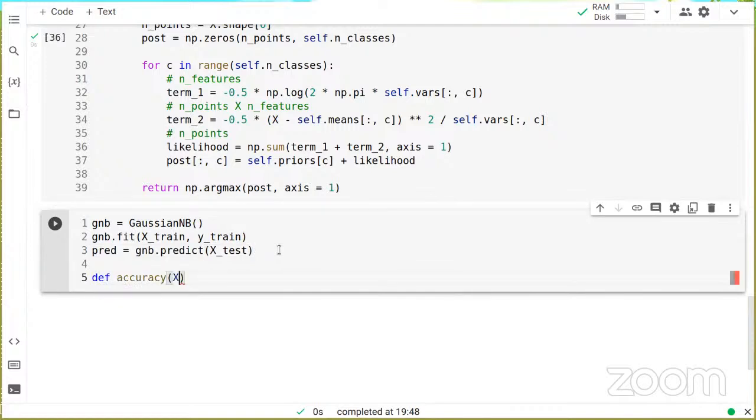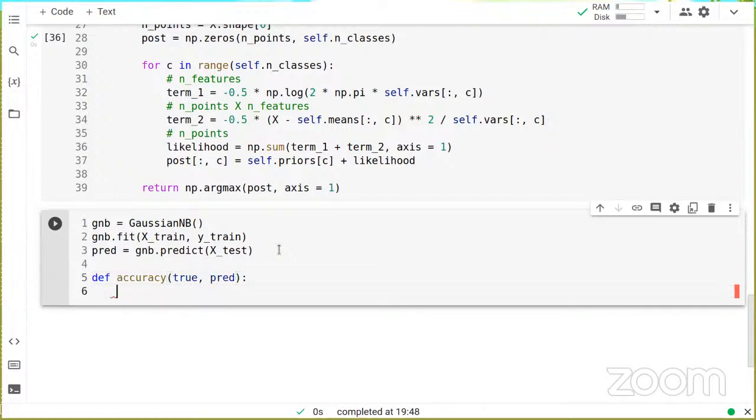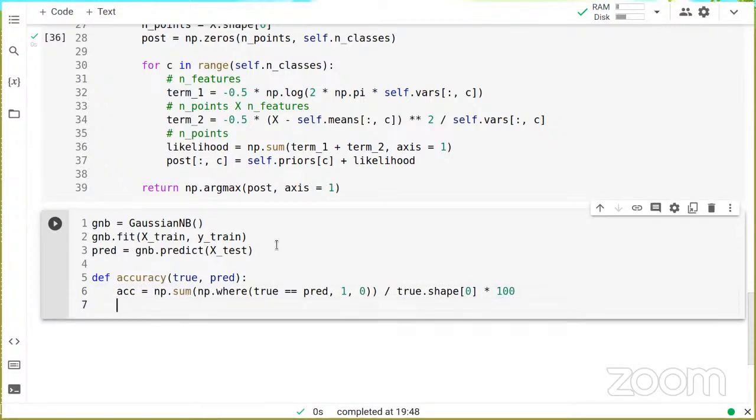This is true, this is predicted. I look where true is the same as predicted, sum this and divide it by the number of data points, multiply by 100, call this the accuracy, and return the accuracy.